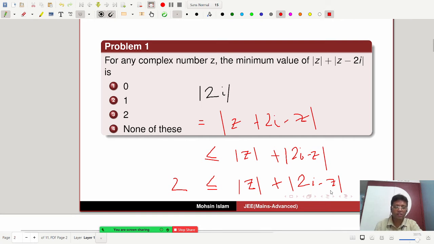So it connects the points z equal to 0 and z equal to 2i, and the minimum is attained for any z lying on the segment. Actually this expression represents a segment. So 2 is the minimum value, and your option is 3 or C.